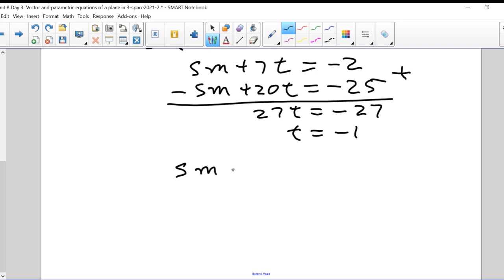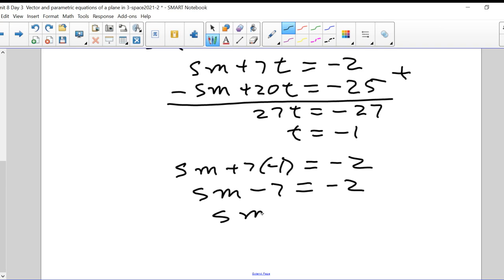So 5m plus 7 times minus 1 is equal to minus 2. That means 5m minus 7 is equal to minus 2. Therefore, 5m is equal to 5, and therefore, m is equal to 1.